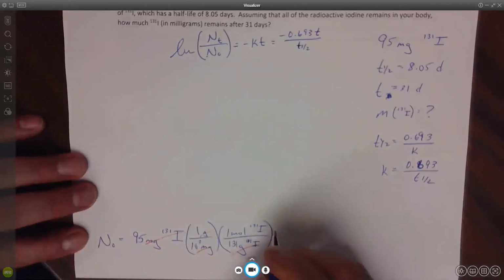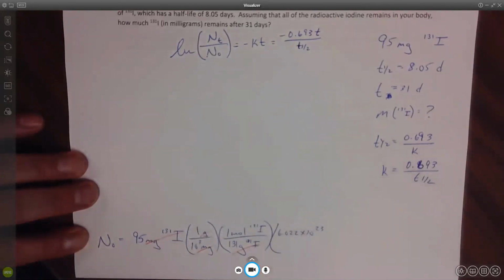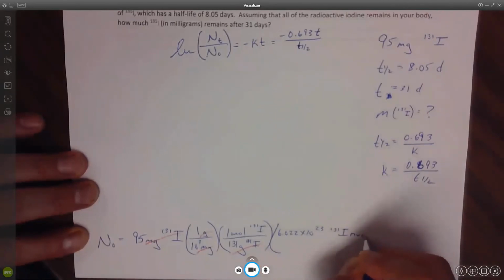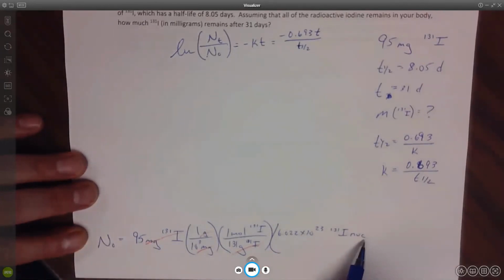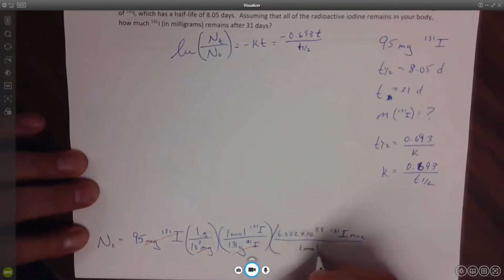Avogadro's number says there's 6.022 times 10 to the 23rd iodine 131 nuclei per mole of iodine 131.